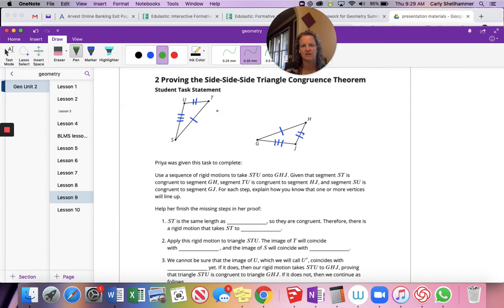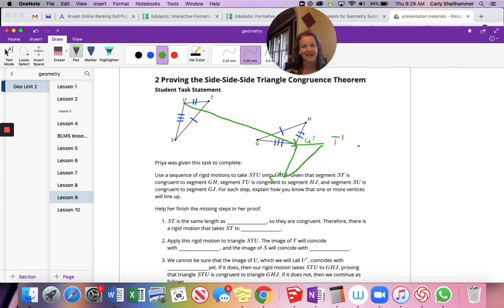So let's change colors to try to make everything clear. I would do a translation and then a rotation and a reflection if I could. Let's see, I could pick any vertex. U to J, it's going to look a little like this. See if I can match it up a little bit. That'll be T prime, U prime, and S prime.